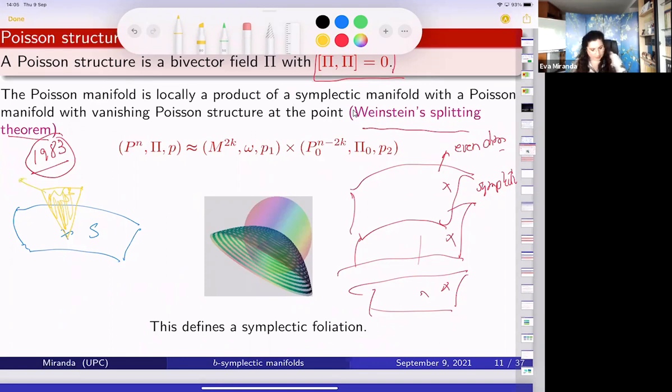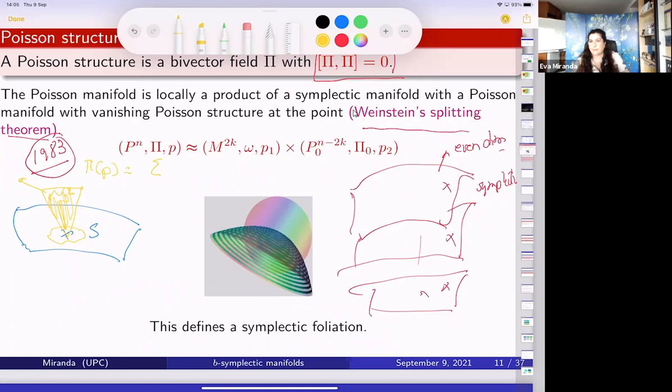And what he observed is that the symplectic form at this point, the Poisson structure at this point, you can describe it as the symplectic structure on your leaf. So if you are local, because of Darboux theorem, you apply Darboux theorem to this symplectic leaf.